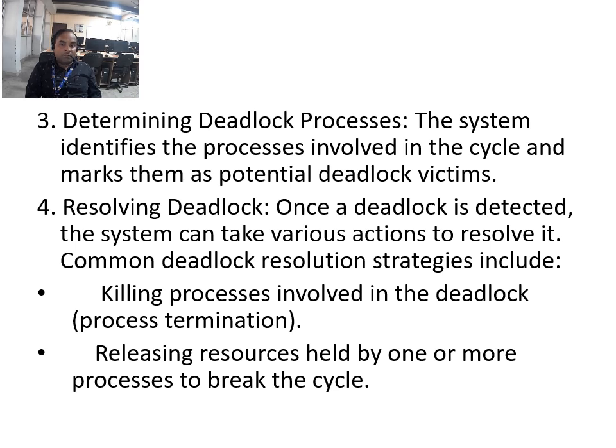Resolving deadlock. Once a deadlock is detected, the system can take various actions to resolve it. Common deadlock resolution strategies include killing processes involved in the deadlock, and releasing resources held by one or more processes to break the cycle. These are some methods that I have discussed here.